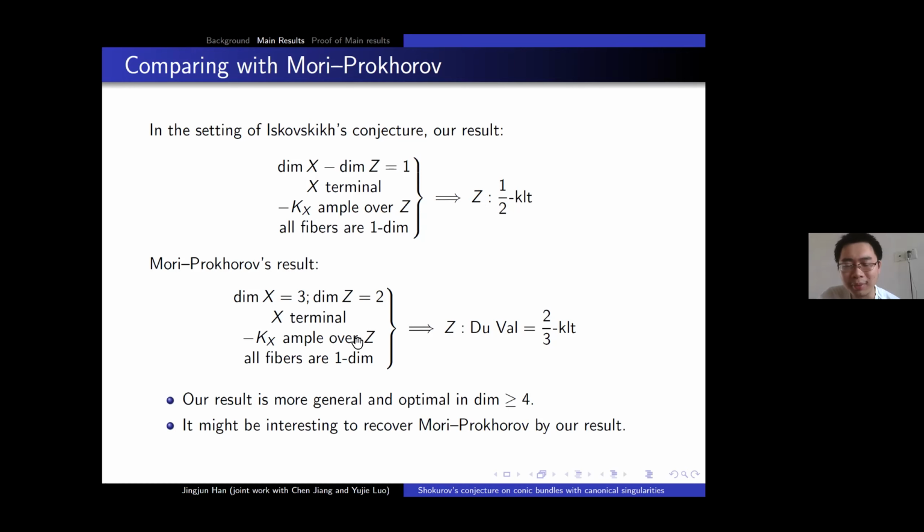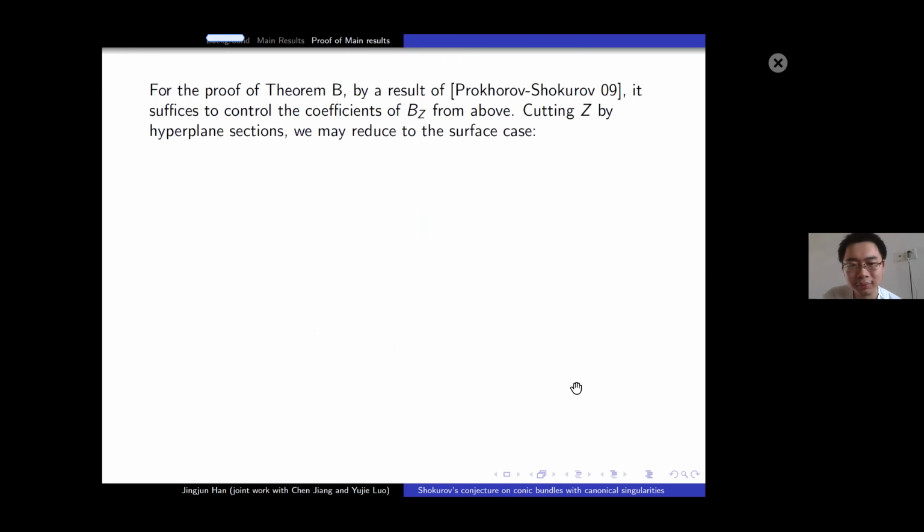But in the lower dimensional case, we know by Shokurov's conjecture or Moraga-Prokhorov's results that the singularity could be improved to 2/3-KLT. So it might be an interesting question whether we can recover Moraga-Prokhorov's result about Z being Du Val singularity by our results. So this is a remark and also a question.